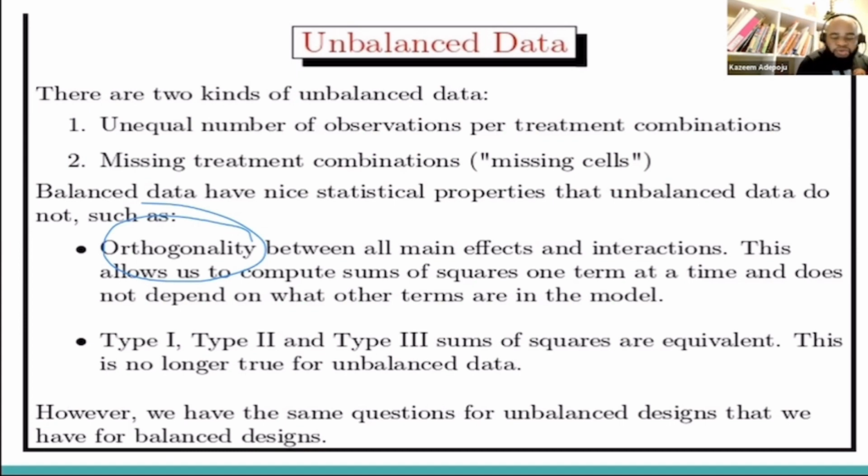Now, I want to tell you this. When we are working with one-way analysis of variance, unbalanced data is not an issue at all. I'm going to say that again. When we're working with one-way analysis of variance, unbalanced data does not pose any threats.